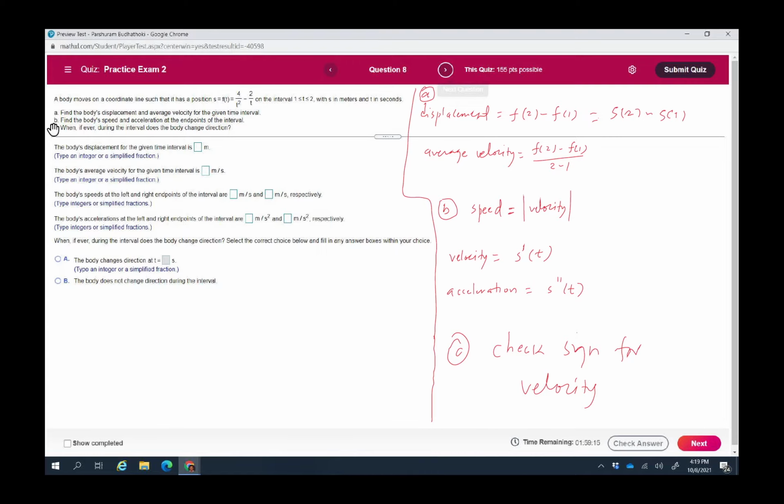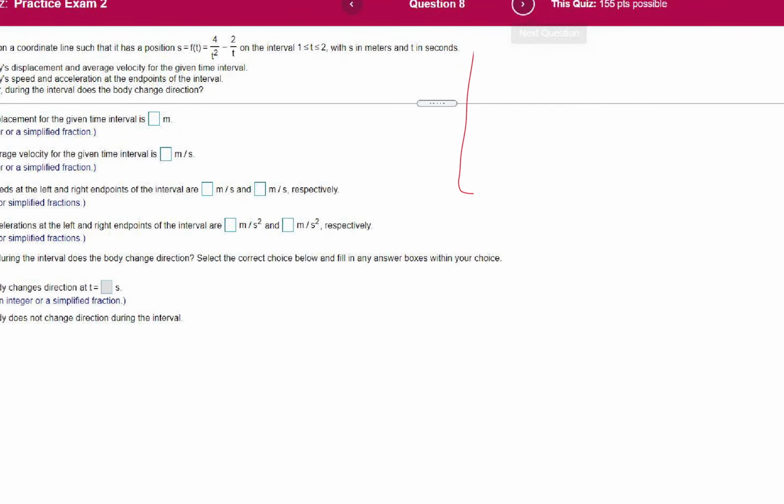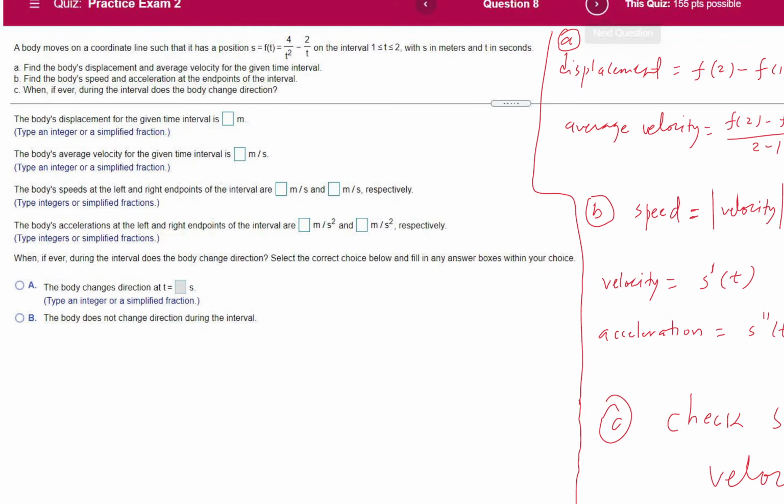And then finally, to answer part C, when, if ever, during the interval does the body change direction. To answer this question, you have to understand velocity has sign. Velocity could be positive or negative. This positive and negative velocity tells you the direction of the object. Let's say the velocity is positive, then the object is moving in this direction.